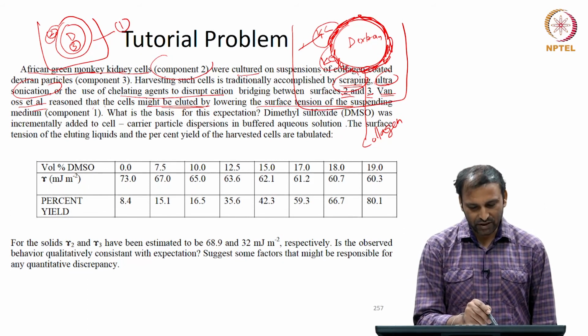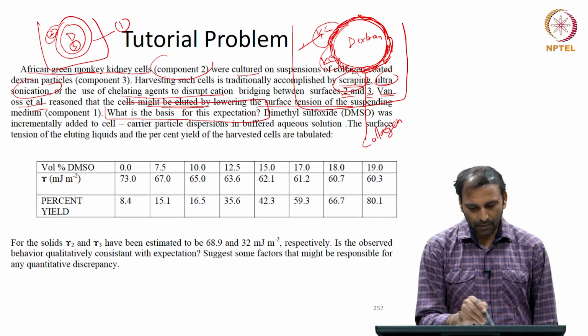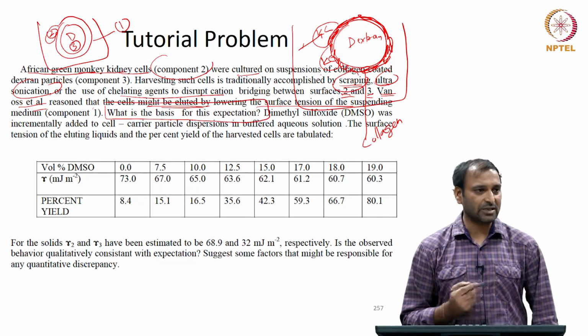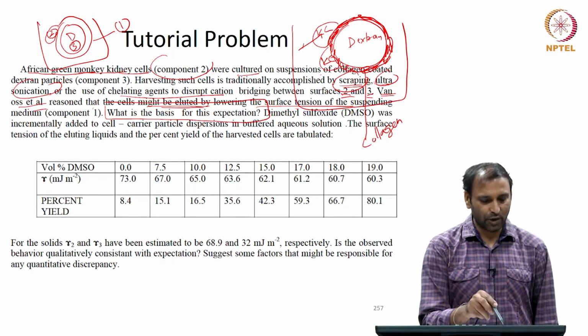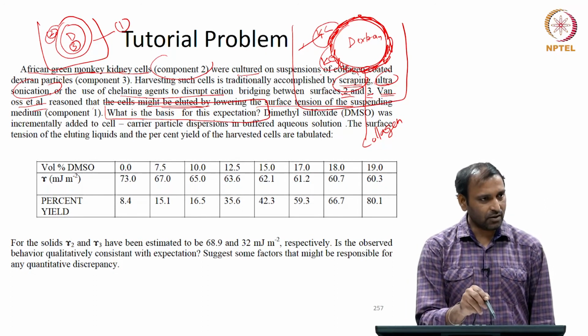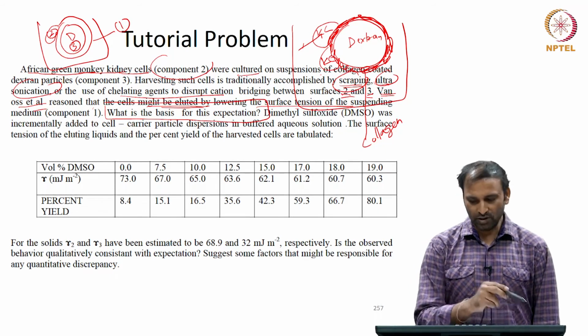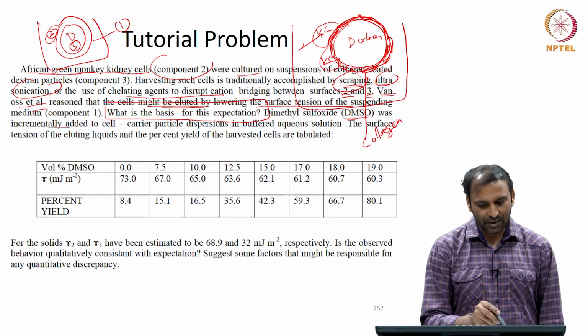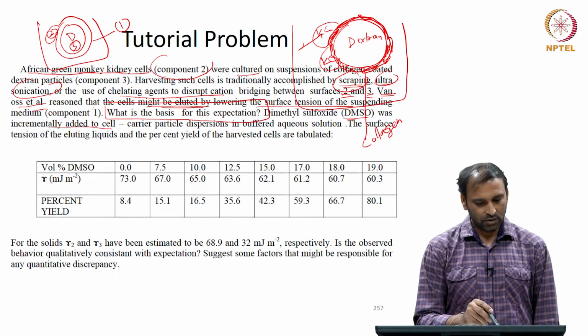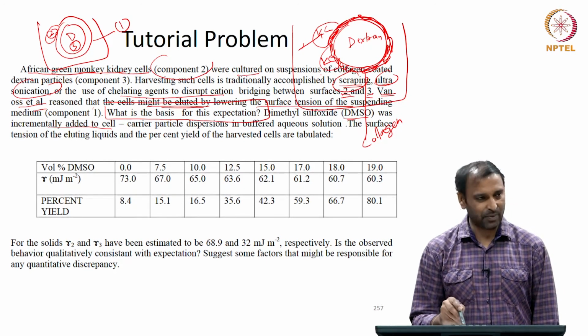So the question is, what is the basis for this explanation? Why do you think that they are saying that I can reduce the surface tension of the medium and then elute the cells? So DMSO was incrementally added to the cell carrier particle suspension.